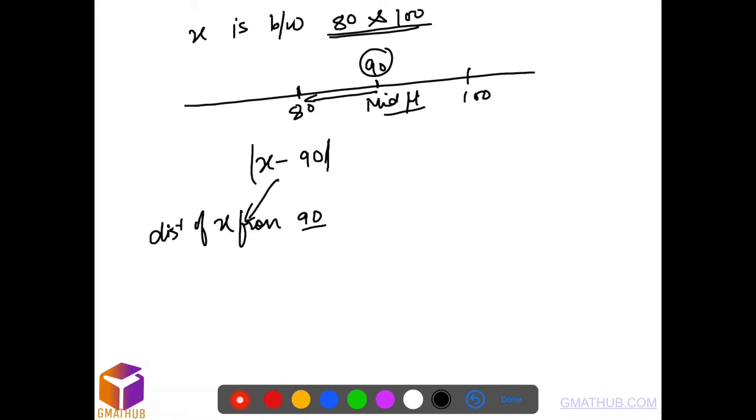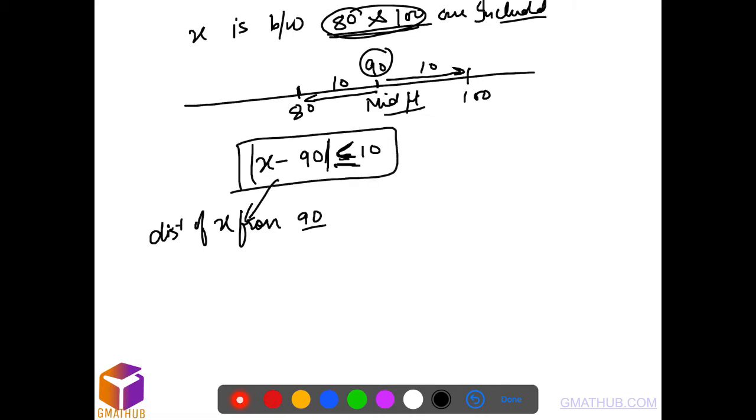So distance is 10 on either sides. It should be less than or equal to 10. If 80 and 100 are included, we'll put equality also, otherwise we won't. x could be anything between 80 and 100. So from 90, distance would be maximum 10. It should be within 10.